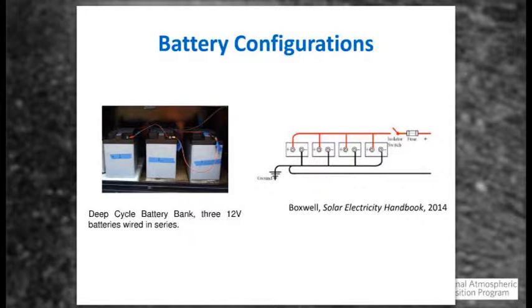You can see it uses 3 12-volt batteries wired in, that's an error, that should be parallel. We have an error on that slide. It should say deep cycle battery bank, 3 12-volt batteries wired in parallel. Parallel meaning that all the negative leads are together and all the positive leads are together, as seen on the right. You can see the diagram.